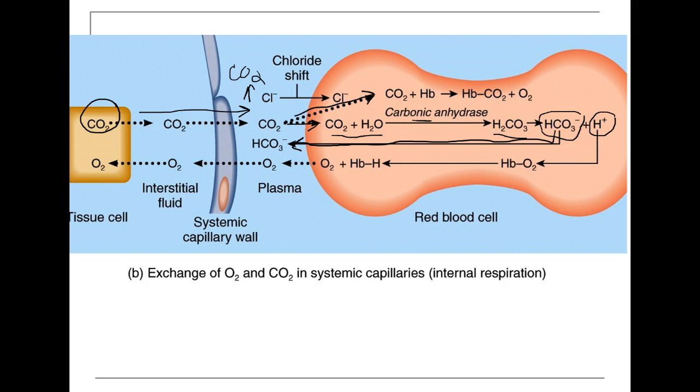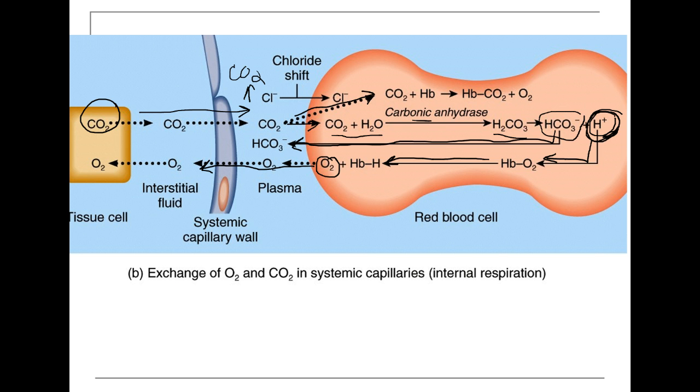Let's go back to this hydrogen ion that was produced at the end. The hydrogen ion is used to displace the oxygen from the hemoglobin. As it displaces the oxygen from the hemoglobin, you just have regular hemoglobin again. Here we're bumping off this oxygen from the hemoglobin. That locally builds up the level of oxygen, and the oxygen will diffuse out of the red blood cell through the plasma and into the interstitial fluid.